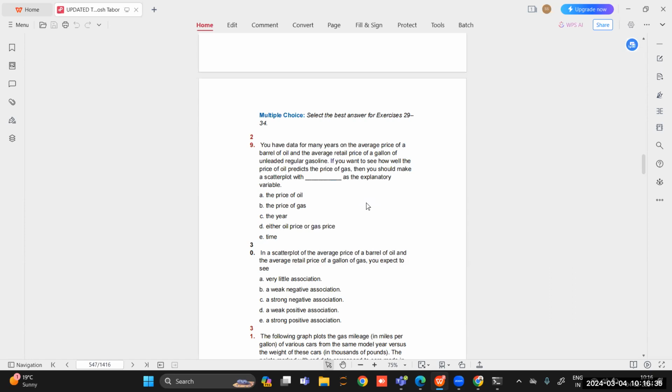If you want to see how well the price of oil predicts the price of gas, then you should make a scatter plot with dash as the explanatory variable. Either oil price or gas price. It will be D. I've told you the explanatory variable and the response variable do not matter when you are plotting a scatter plot. Yes or no, Zaid? It's D.